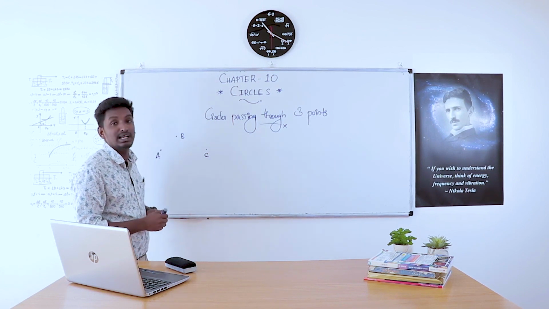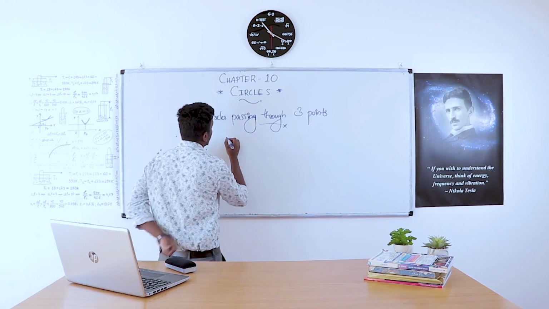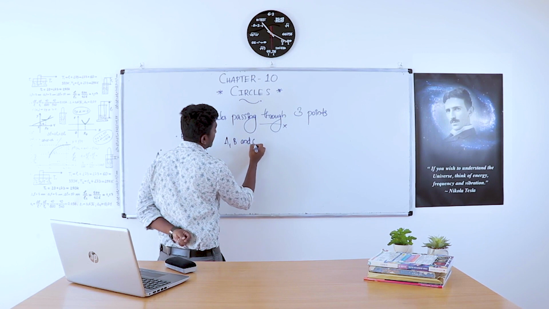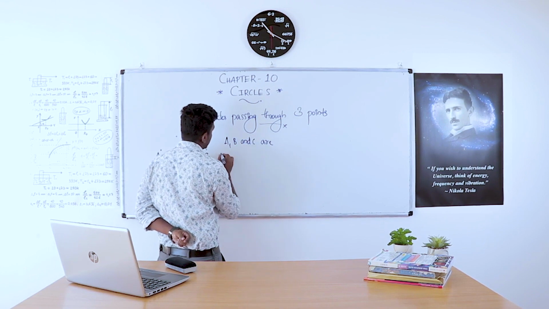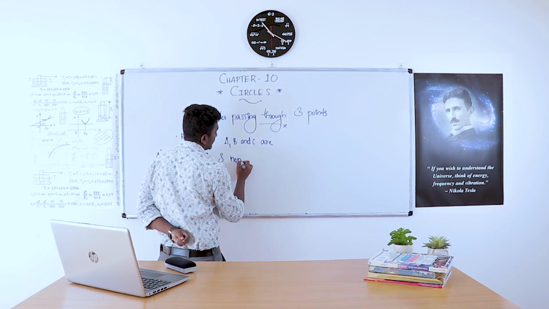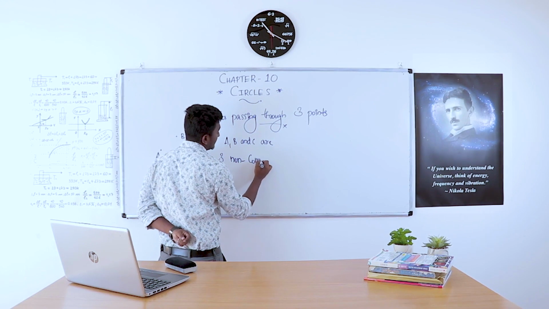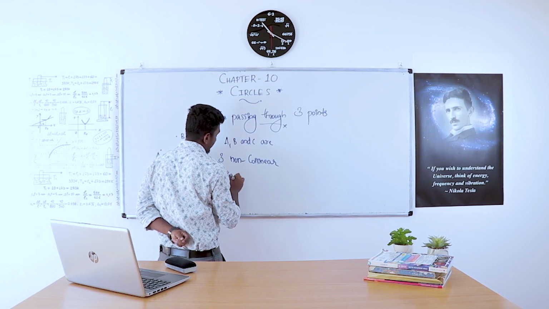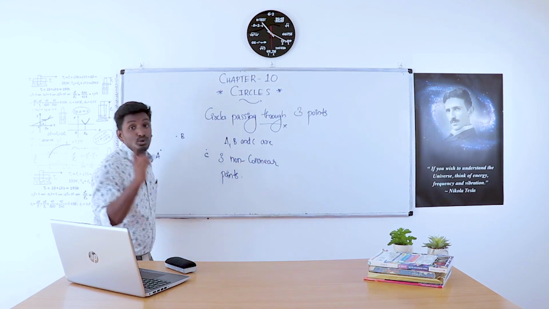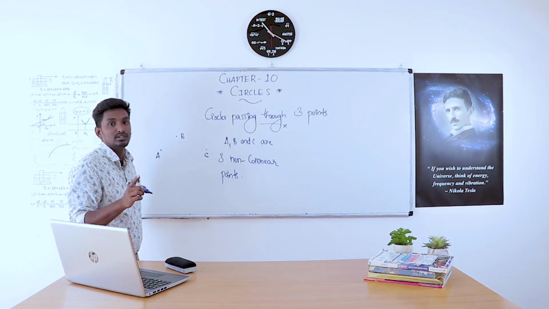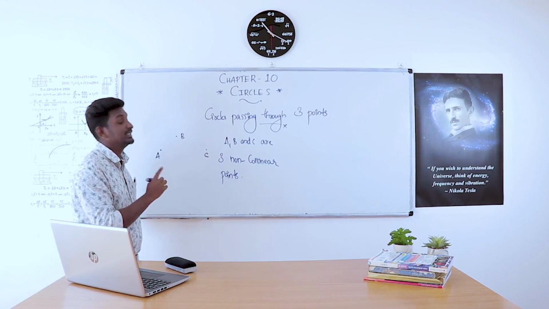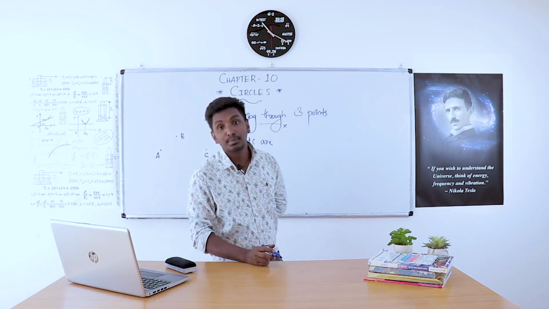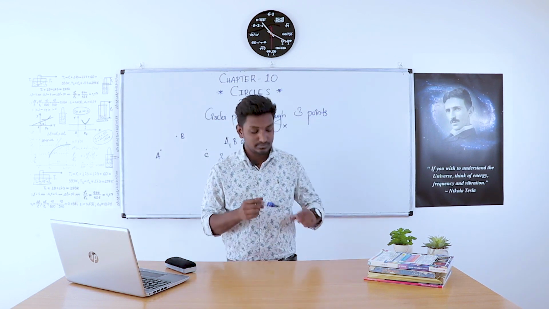So A, B, and C are 3 non-collinear points. Now try to draw circles passing through these 3 points.